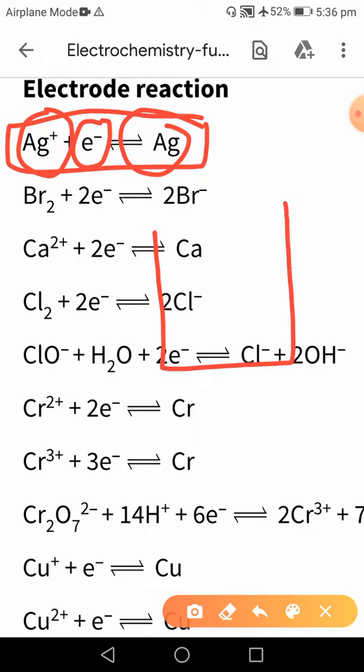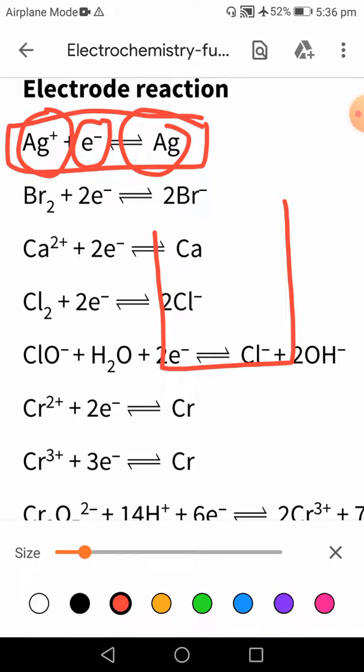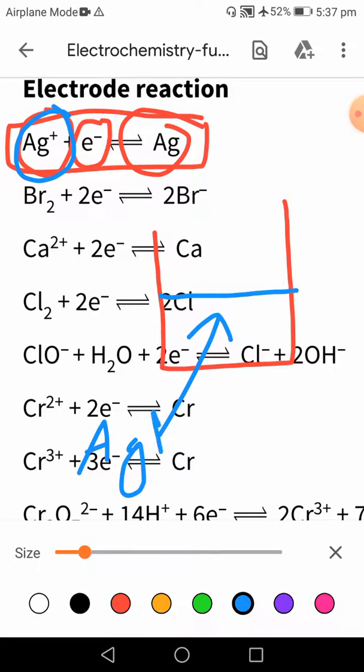So we are taking a beaker in which I am first taking a source of silver ion. For any positive charge, you had better take its nitrate salt, because all nitrate salts are soluble. So for this positive silver, we are taking silver nitrate.